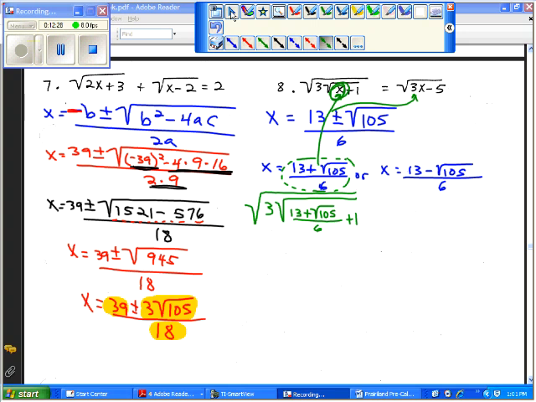And that needs to be equal to the square root of 3 times x, and my x has a plus in it, so I need to put it in parentheses: 13 plus square root 105 over 6. So I have 3 times my x replacement minus 5.